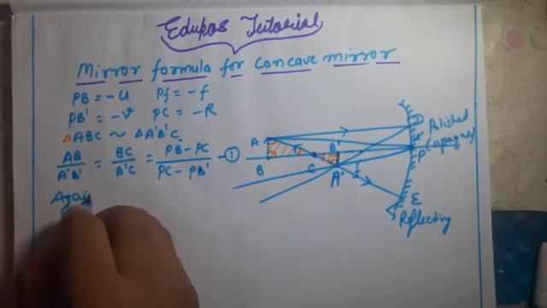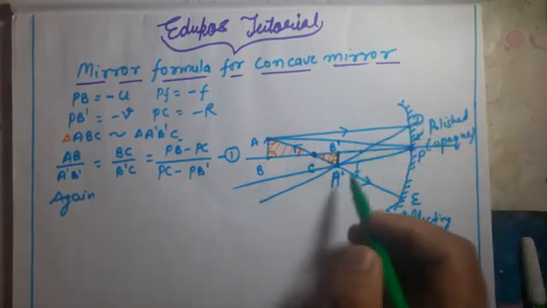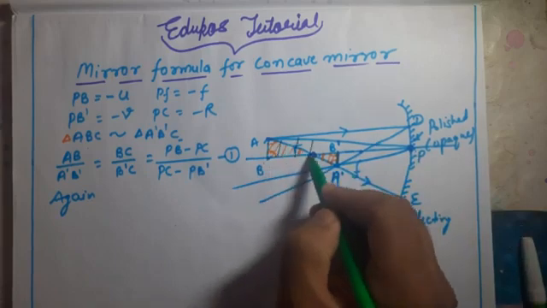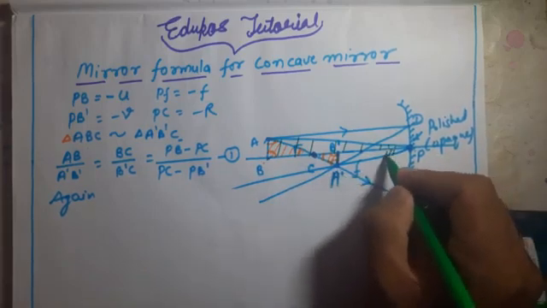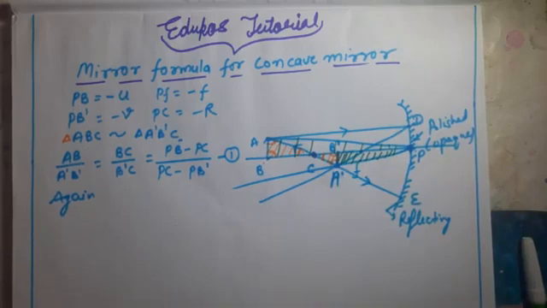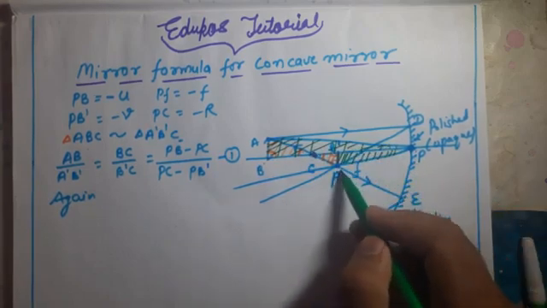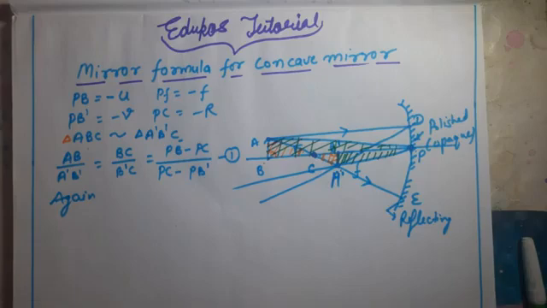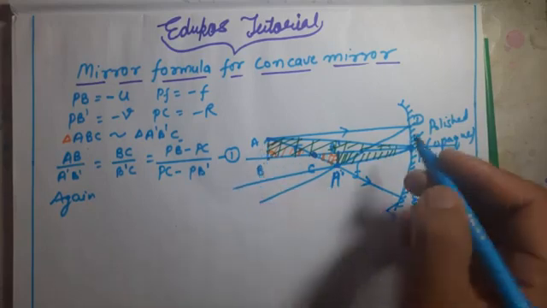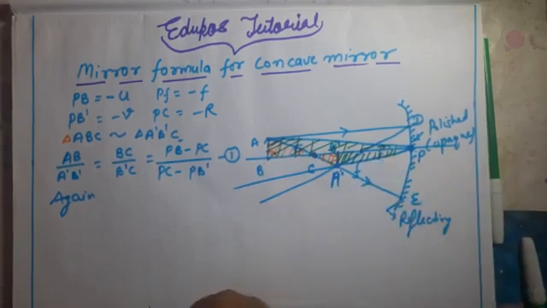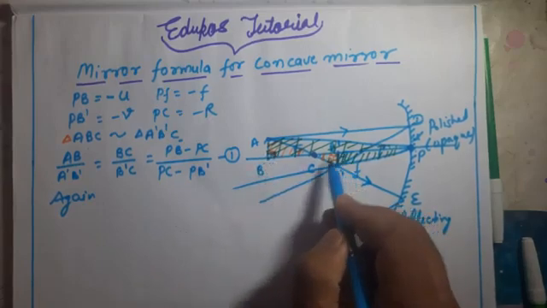Again, here the triangle ABP, we are assuming that this triangle ABP is similar to the triangle A dash B dash P. As we know, these two triangles will also be similar, because here the angle of incidence will be equal to the angle of reflection, and AB and A dash B dash are parallel, so here it will form a 90-degree angle.